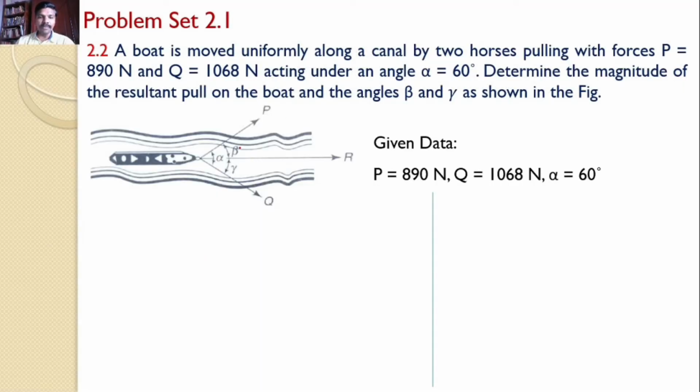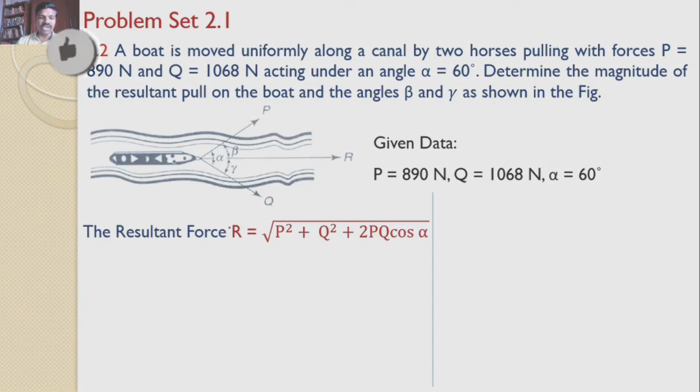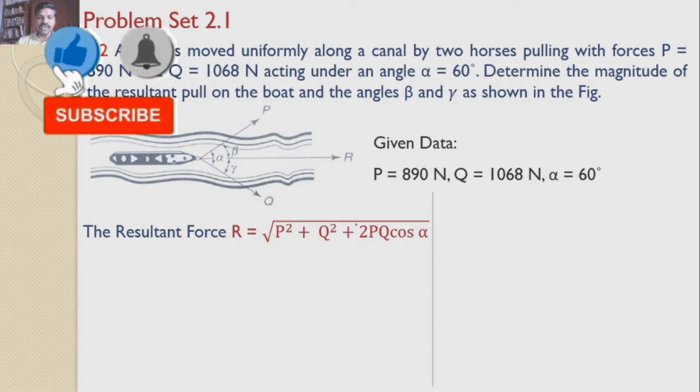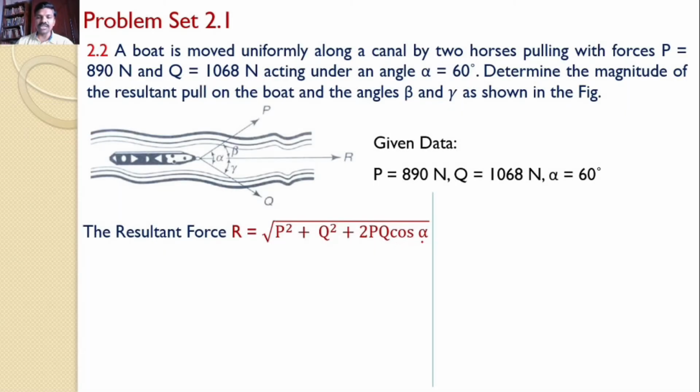Now this is our problem. In this, the given data are P equal to 819 newtons, Q equal to 1068 newtons, and alpha equal to 60 degrees. These three values are given. As you know, the resultant force equation is R equal to square root of P squared plus Q squared plus 2PQ cos alpha.